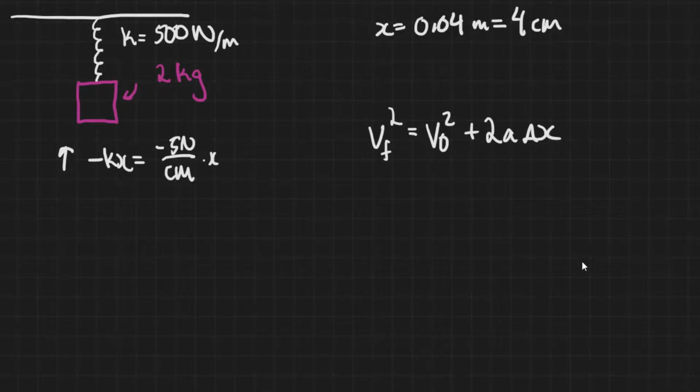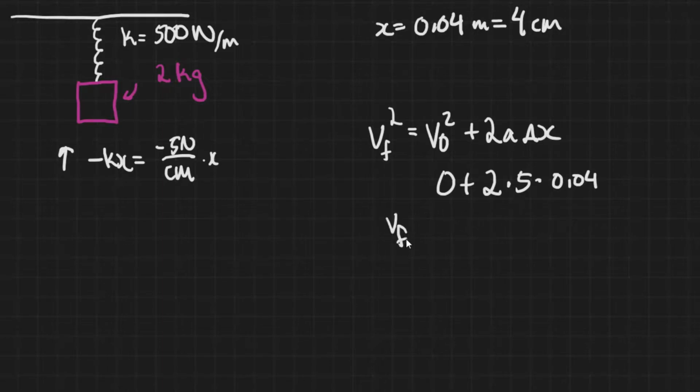The average acceleration on this object is 5 meters per second squared. V0 squared is just 0, so 0 plus 2 times 5 meters per second squared, times delta x. What is delta x? Delta x is 4 centimeters. They want this in meters, always meters. Well, this is 0.04. So this is 0.2, 0.4.